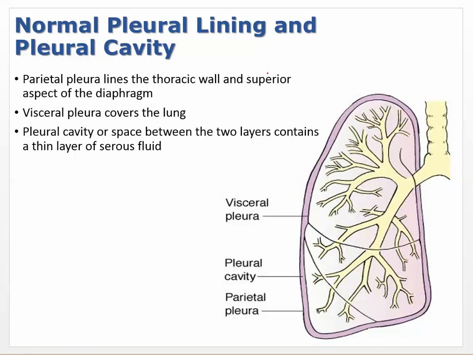All right, so let's move down through to the pleural lining, and we have this double membrane lining. It's kind of like if you were to take a balloon and stick your hand through both parts of the balloon. The balloon's going to have a double lining. It works better if you actually see it, but just remember that it's a double lining, and in between that there is fluid.